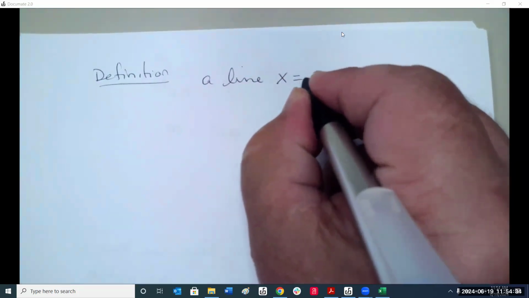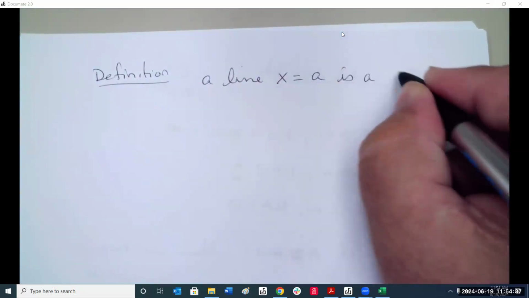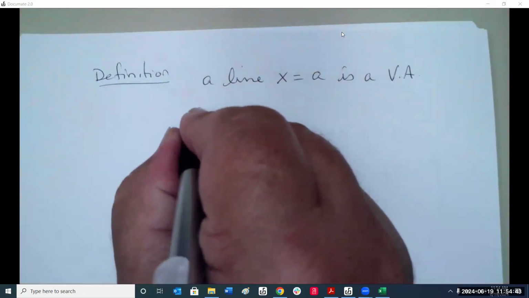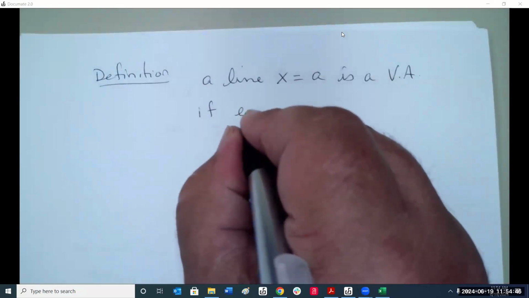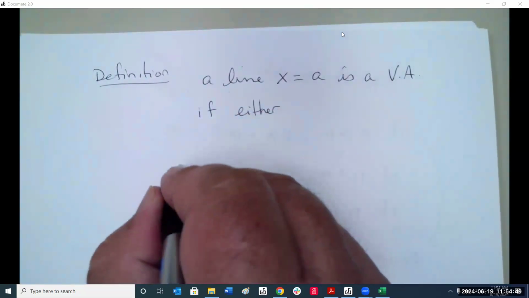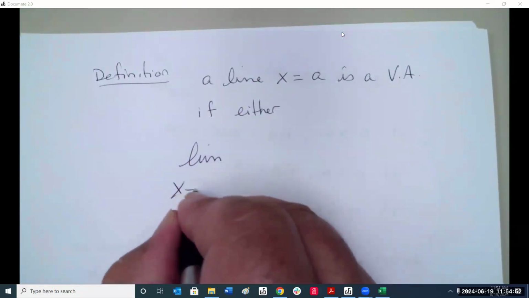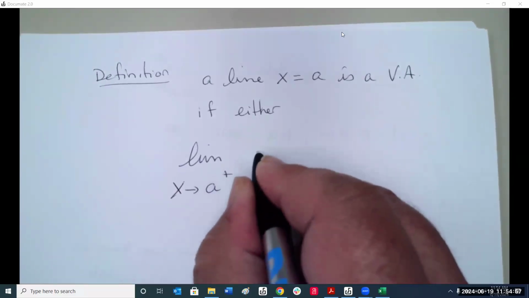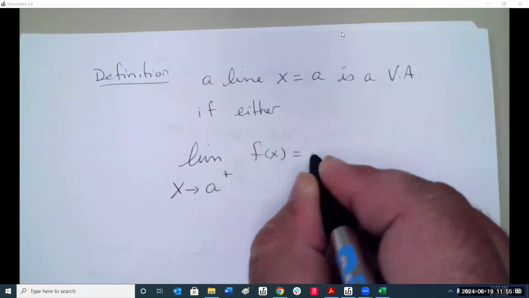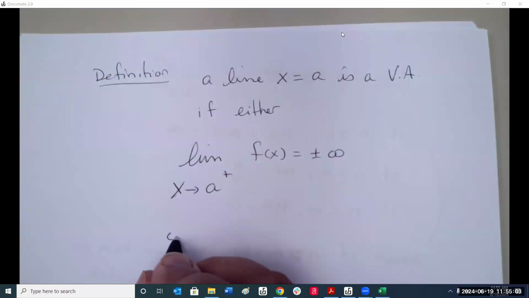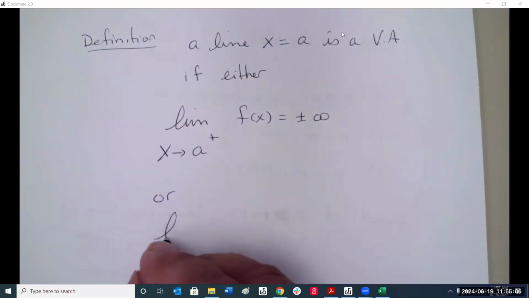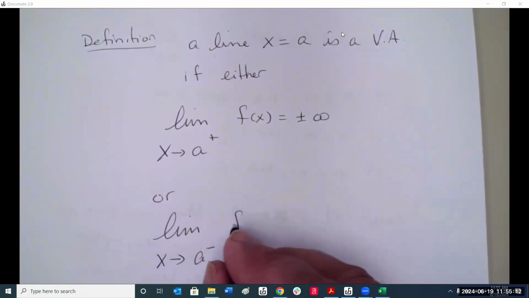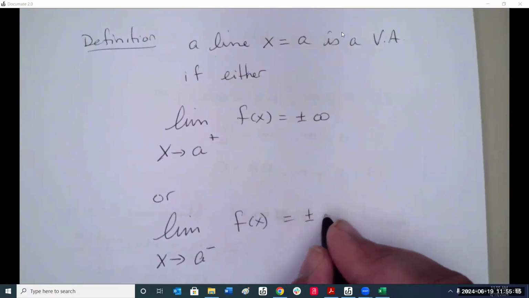A line x equals a is a vertical asymptote if either the limit as x approaches some number a from the right equals plus or minus infinity, or the limit as x approaches a from the left of that function equals plus or minus infinity.